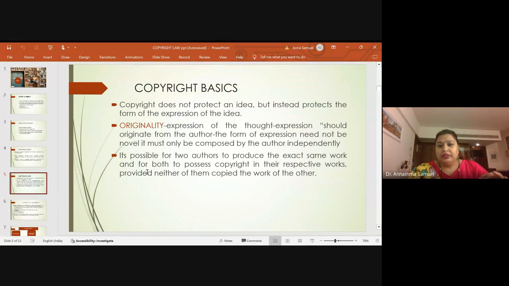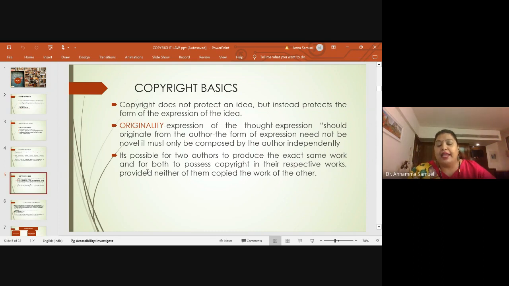Now, the basic thing in copyright is originality. Like I said, the idea has to be expressed, and the originality of the expression of the idea has to be there. It has to originate from the author, and even if it is not novel, it doesn't matter, but the author independently has to invest his creativity, skill and judgment, and the ideas expressed should originate from within himself.